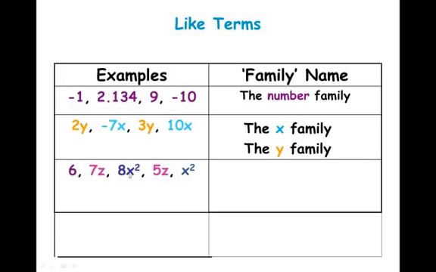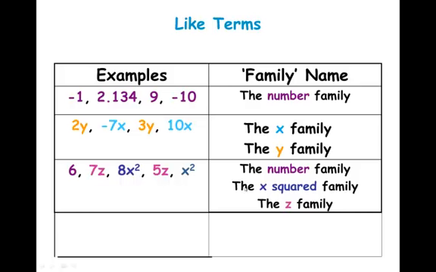The x squared family is x times x. So that's 3 families there. So these 2 are like terms, these 2 are like terms, and this one is in the number family by itself in that category.